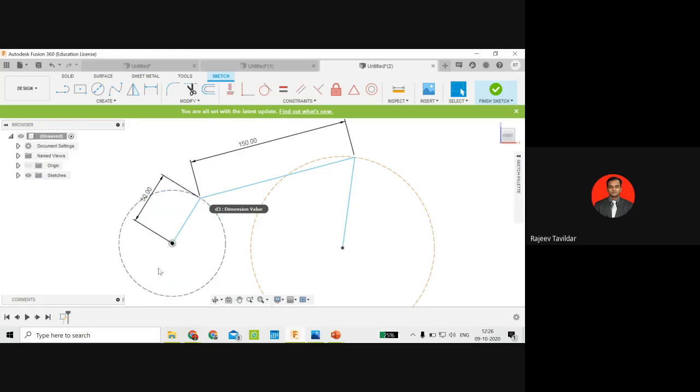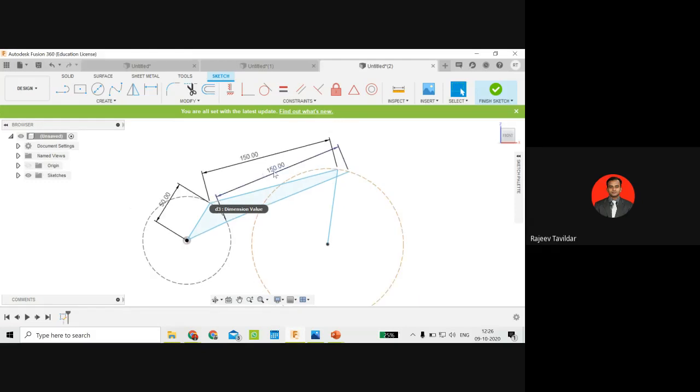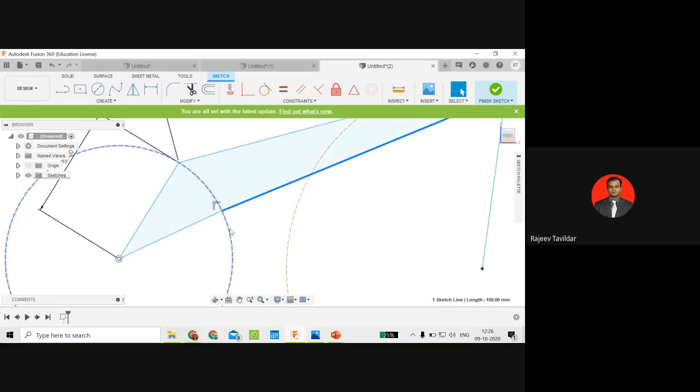Okay, so I'm going to draw a line 50 mm over here. You can draw it anywhere. And from here, I'm going to draw another line which will be 150 mm. So it is going to cut over here. I have maintained the dimensions. That means the crank I've taken 50 only and the connecting rod I've taken 150 only, and they are along the straight line.